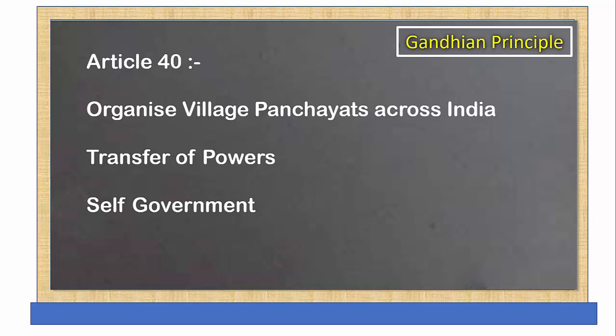So we can say Article 40 was the idea behind providing this kind of institution to India, or a dilution of powers, the vertical dilution of powers from the center to the state, and from the state to different kinds of self government, meaning panchayati raj, district boards, nagar nigam, municipalities.